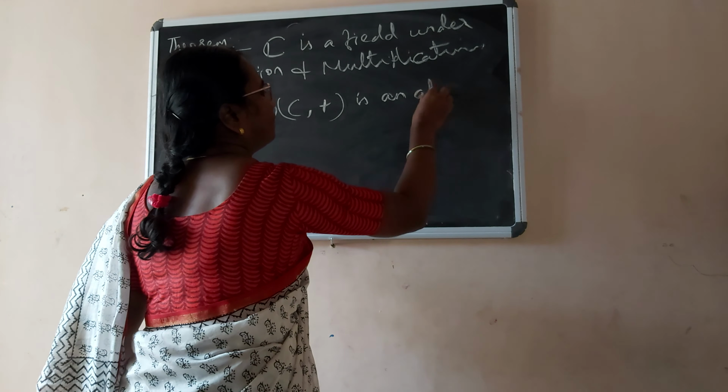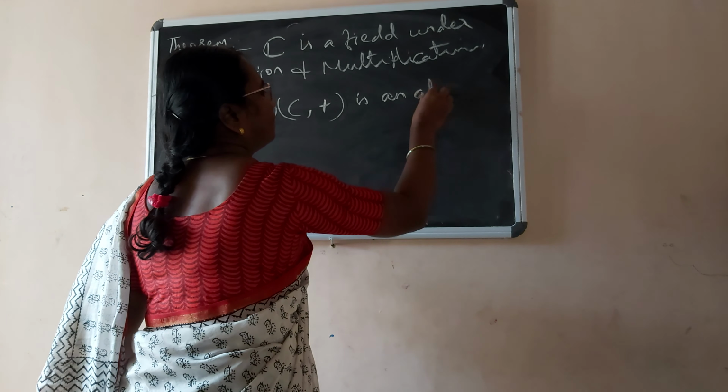A group is nothing but again a system satisfying some conditions. The conditions are: closure property, addition is closed; second, addition is associative; and existence of additive identity and existence of additive inverse, with the commutative property. Then we will have proved that C comma plus is an abelian group.